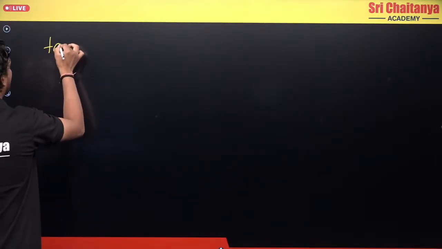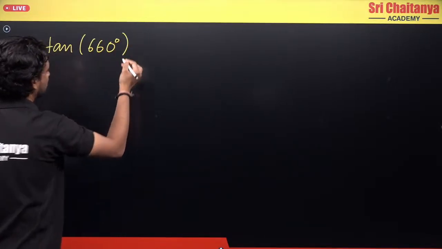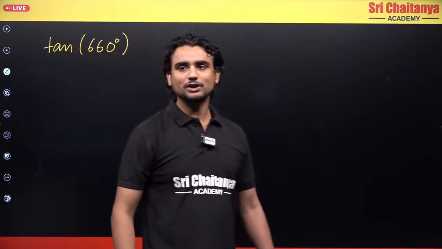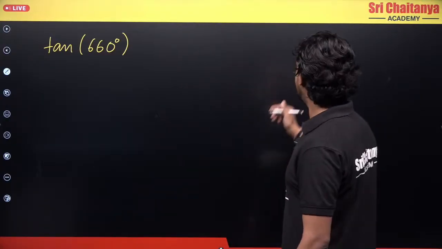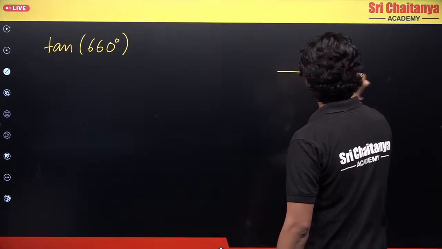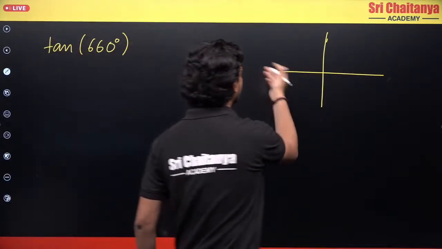Let's find the value of tan 660. So same thing we'll do again, right? We'll draw the quadrants here and we'll locate that tan is in which quadrant, okay?